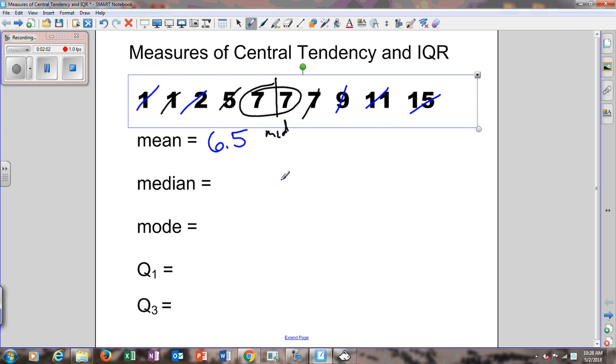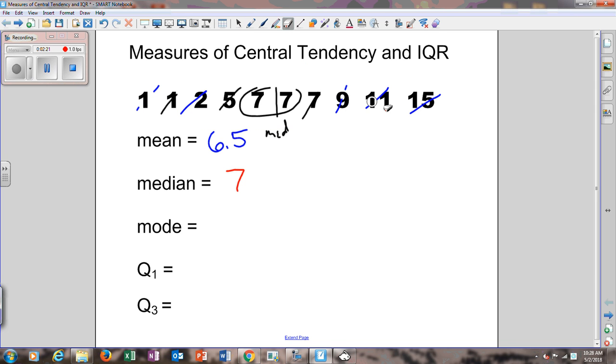Now, if you have an even number of numbers, then you take the middle two numbers, add them together, and divide by 2. But since these numbers are both the same, you know that is your median, 7. So that's how we find the median.